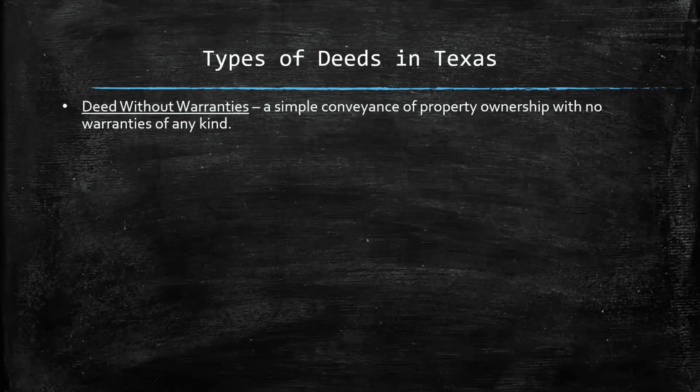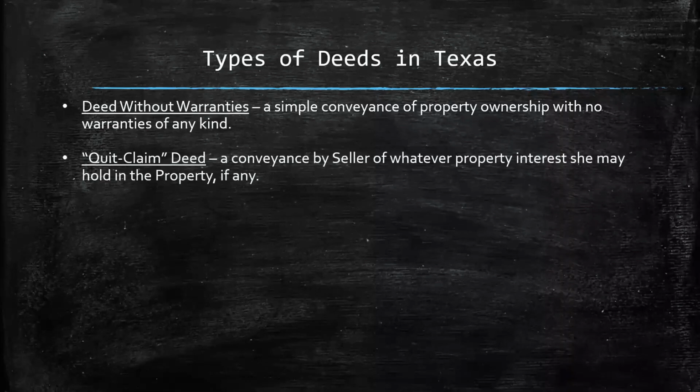There is a thing called a deed without warranties, and this is a simple conveyance of ownership with no warranties of any kind. There is also a thing called a quitclaim deed, and that is a conveyance by the seller of whatever property interest she may hold in the property, if there is anything at all.